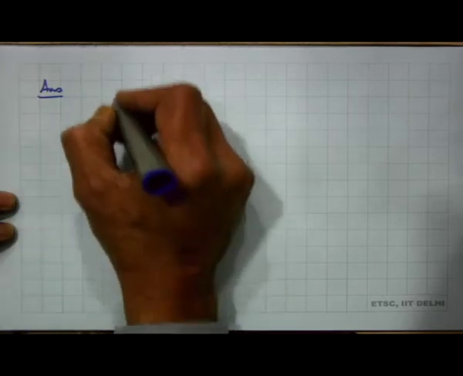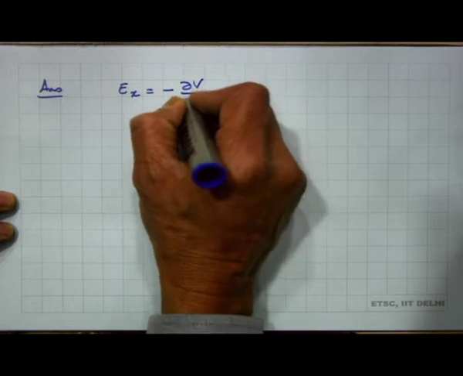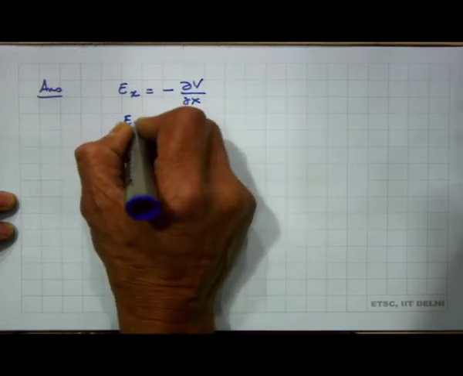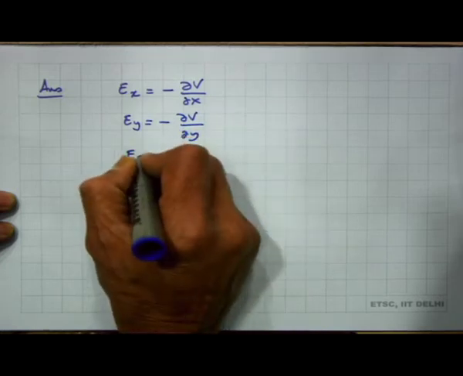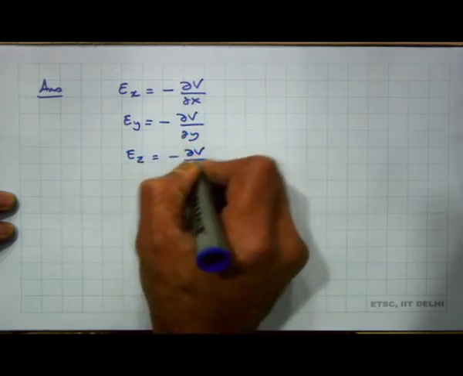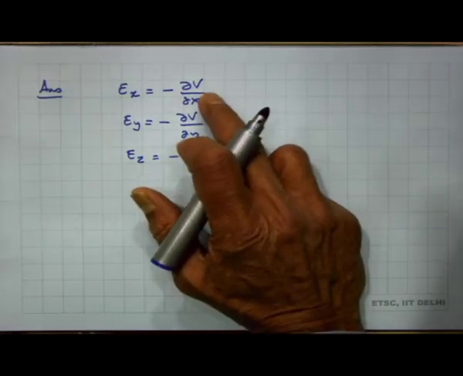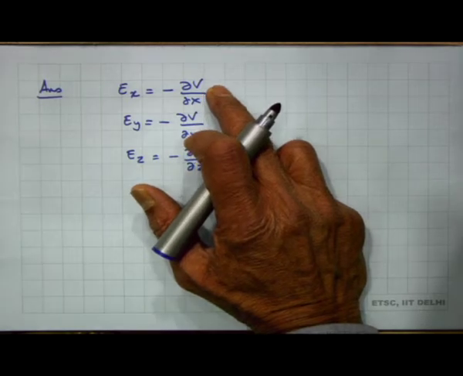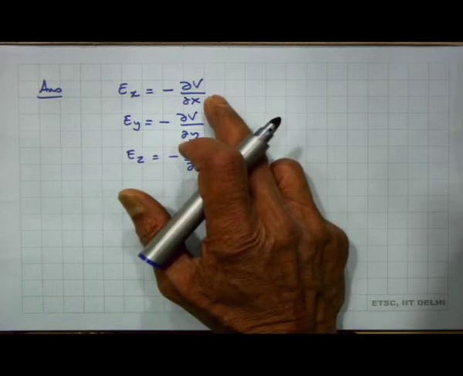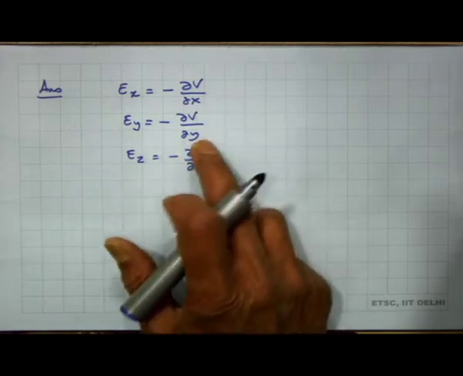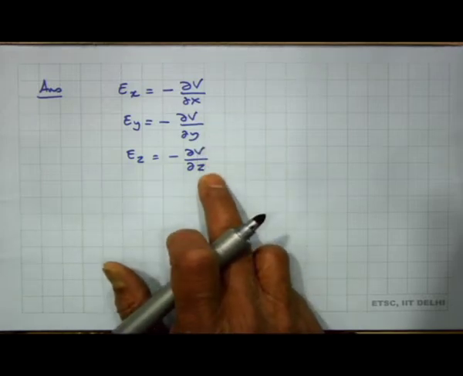The x component of electric field is related to potential through this equation: E x is minus del V by del x. The y component is minus del V by del y, and the z component is minus del V by del z. Remember, I am using partial derivatives because potential V is a function of x, y and z, all three coordinates, and this is a differential with respect to x keeping y and z constant, with respect to y keeping x and z constant, and with respect to z keeping x and y constant.